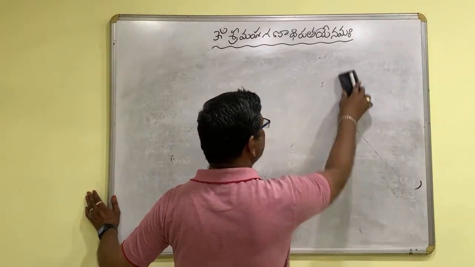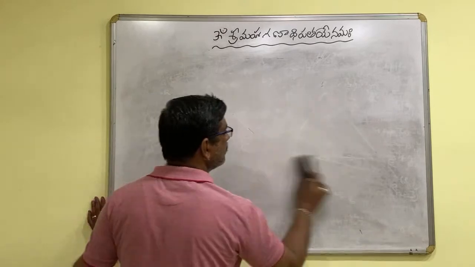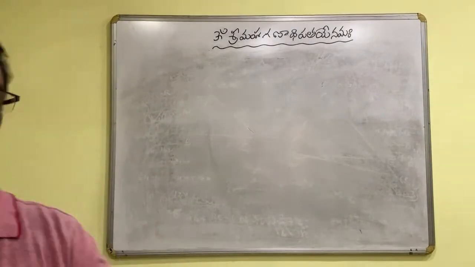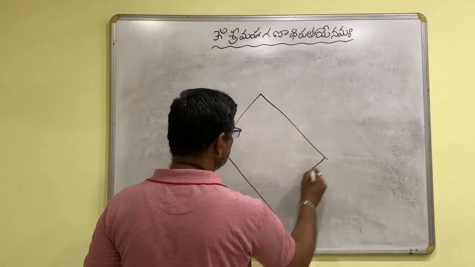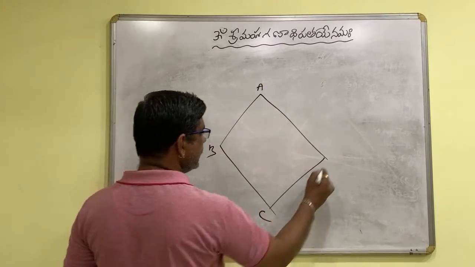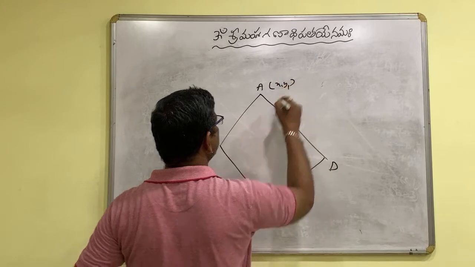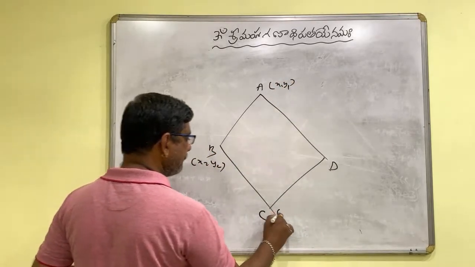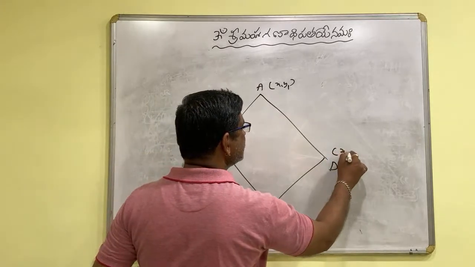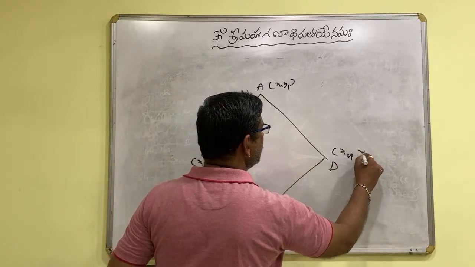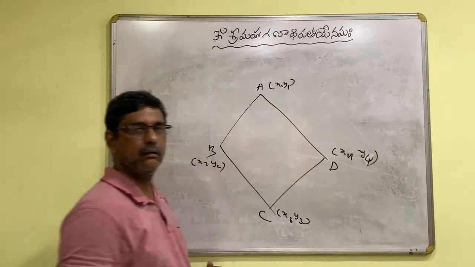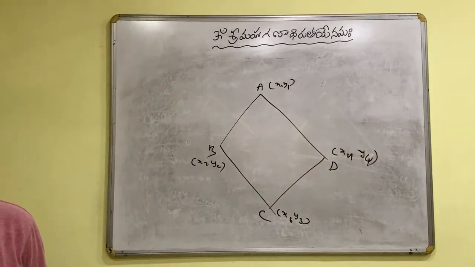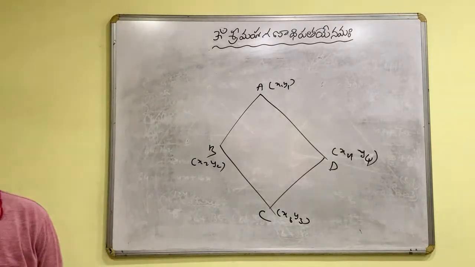Now see, they will link mensuration again. See, mensuration. There is a rhombus ABCD. We know the vertices of A, B, C, and D. We know all the vertices of rhombus ABCD.